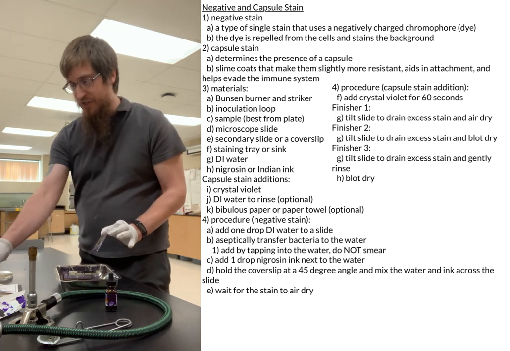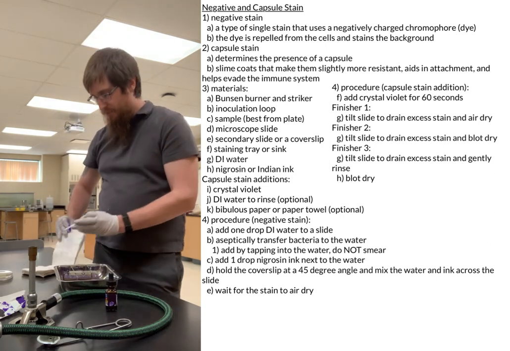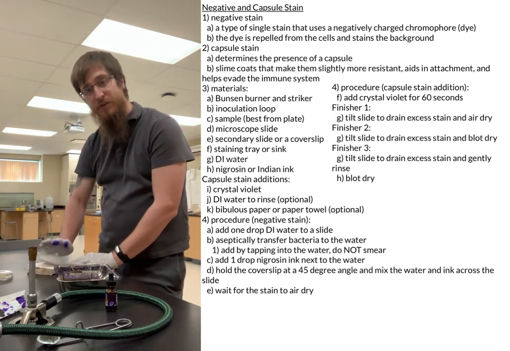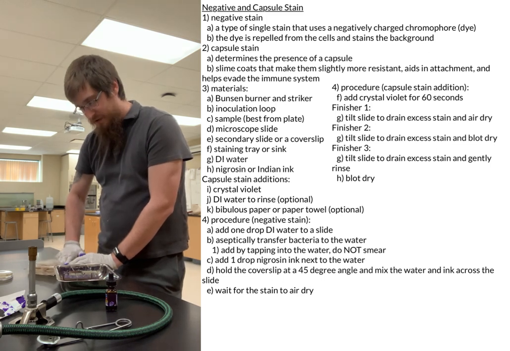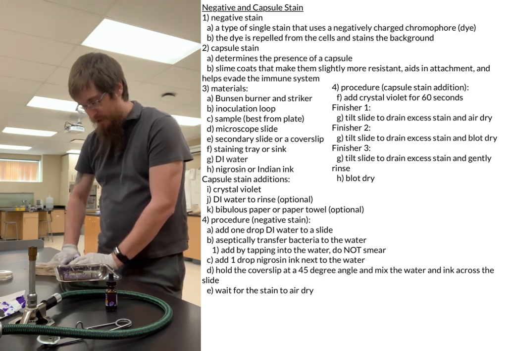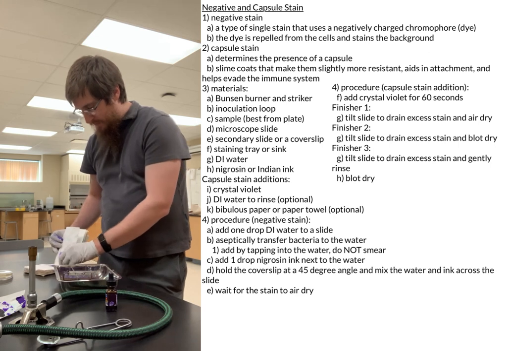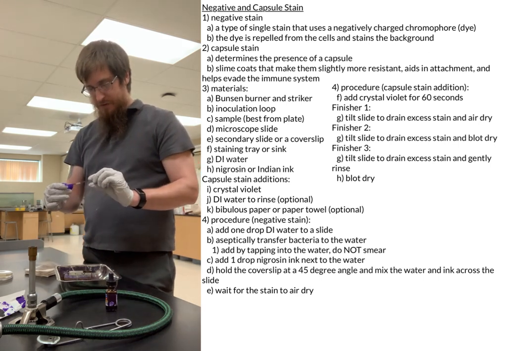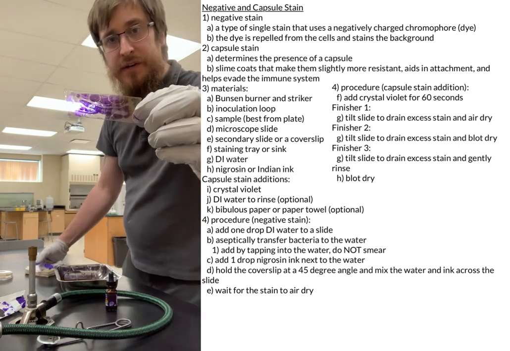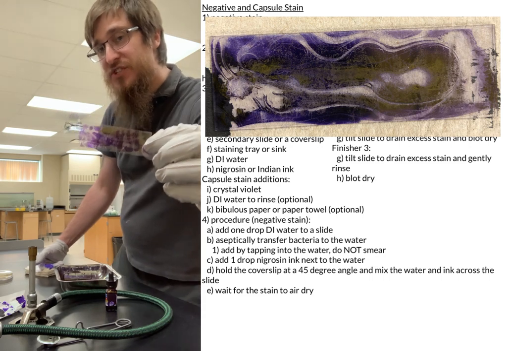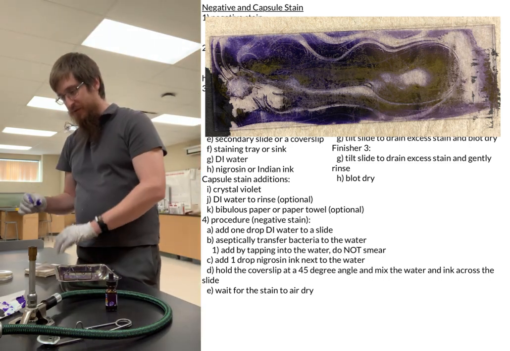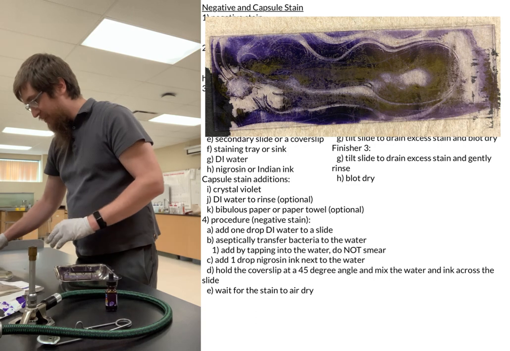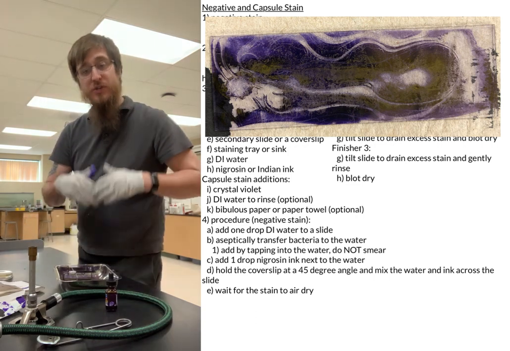Again, just kind of that nice gentle rinse. Get your paper towel out, your Bibulous paper, whatever you might have. Give it a little bit of a blot, and again, there we go. So again, with this one here, there's not going to be nearly as much stain on there as in some of those other ones, but again, the trade-off is you might potentially wash off your sample.